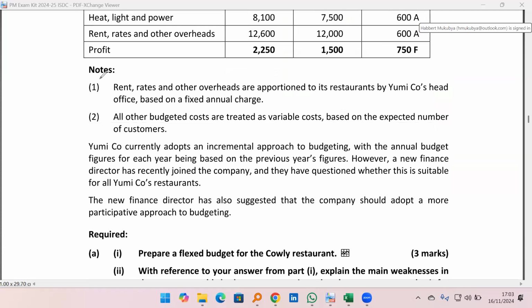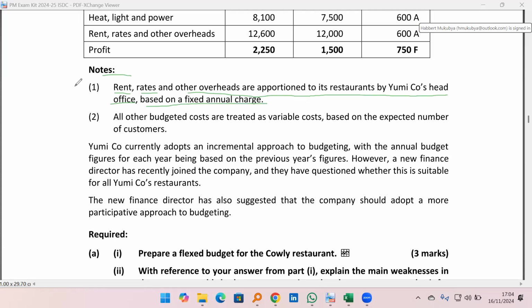And they are giving you some notes here to explain what is happening with these. So here what we need to know is, do we have some things that are fixed, then that are variable, and then maybe also semi-fixed or semi-variable. So they're saying that rent, rates, and other overheads are apportioned to its restaurants by Yumi head office based on a fixed annual charge.